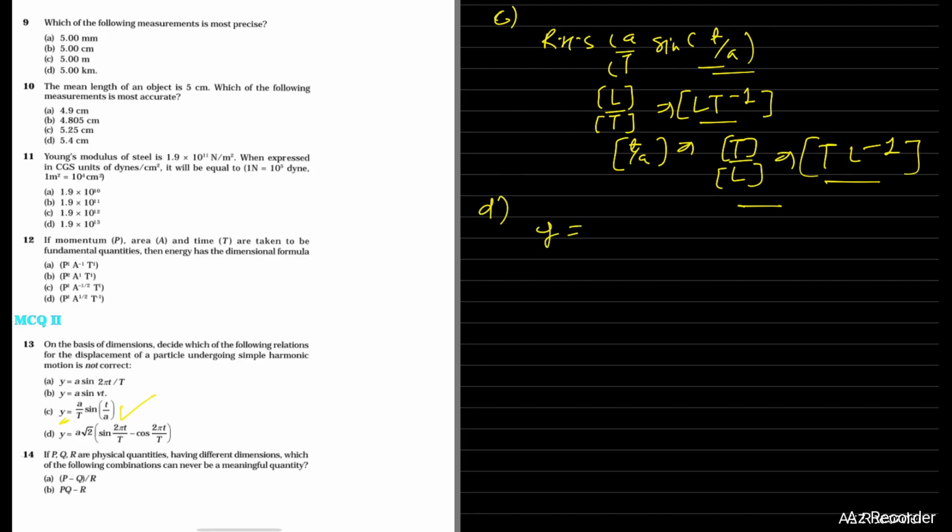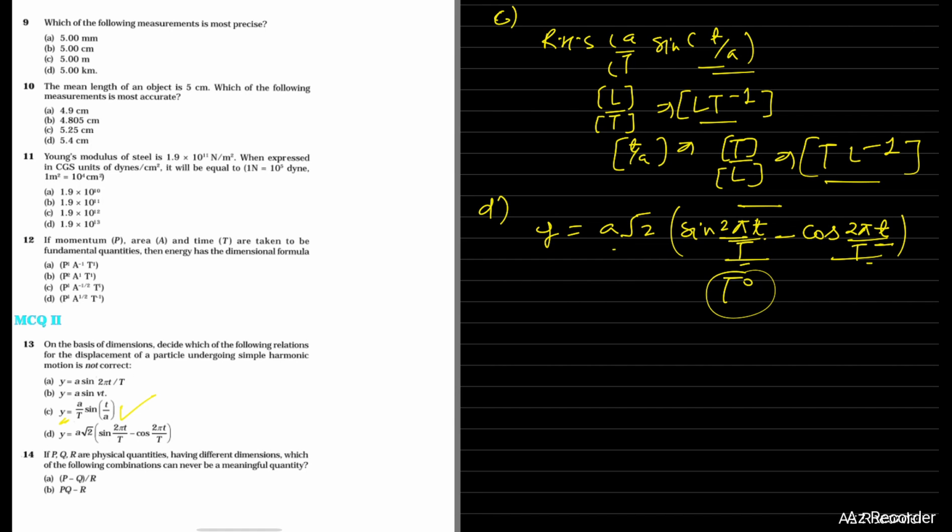Y is equal to A root 2 sin 2 pi T by T minus cos 2 pi T by T. This is simply an angle, and 2 pi is a constant, and the T will be eliminated in this also, so only T raised to power 0 will be left inside.